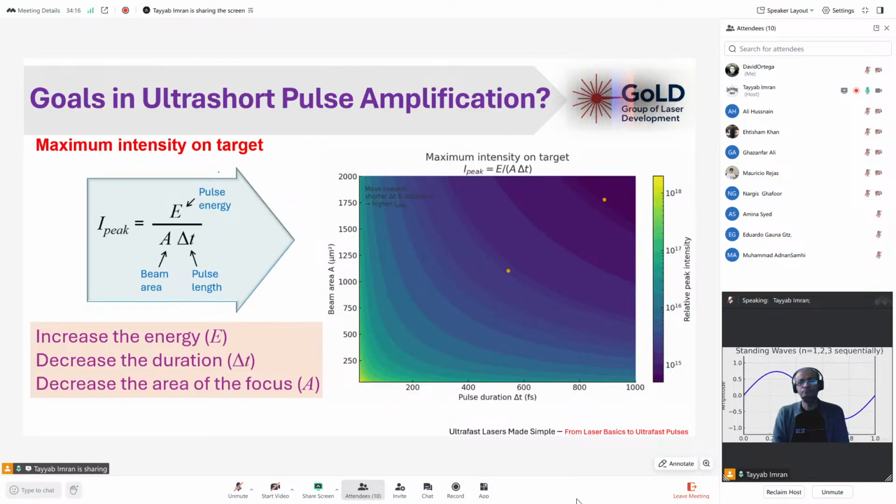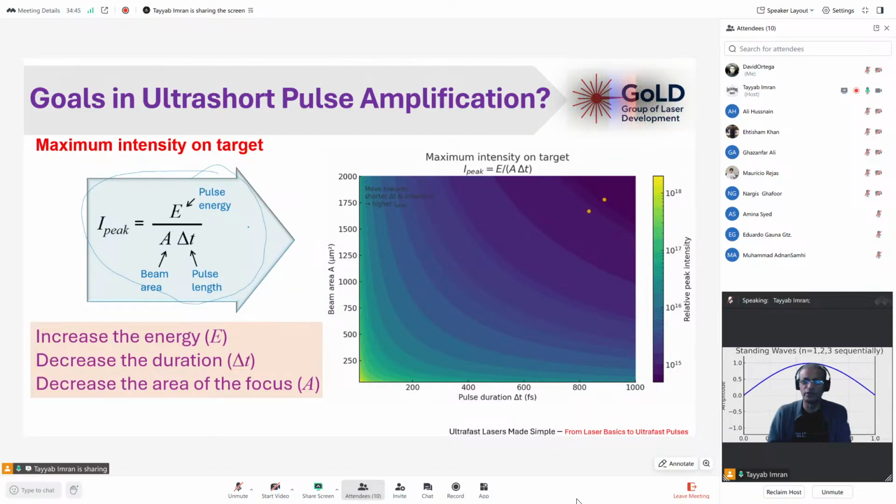And if you see this equation here, amplification, what it will do? Increase the energy, but in the way we are supposed to do that, to increase the energy, but the pulse duration should not be increased.